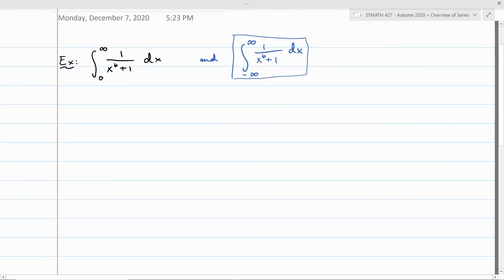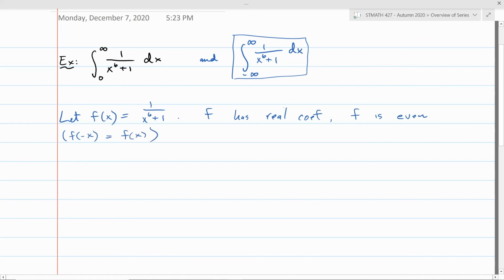First of all, I want you to notice that the function we're dealing with here, let f of x equal 1 over x to the 6th plus 1. f has real coefficients. f is even. If you do f of negative x, it's the same as f of x because of the even power on the x there. And f is reduced, so the numerator and denominator have no common factors.